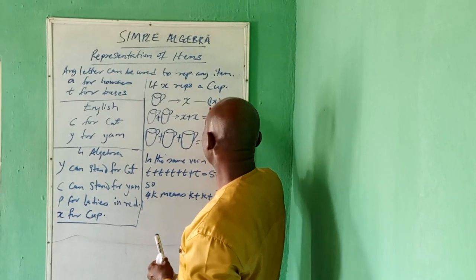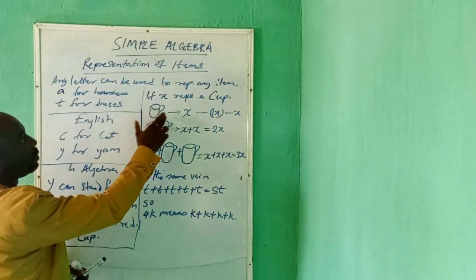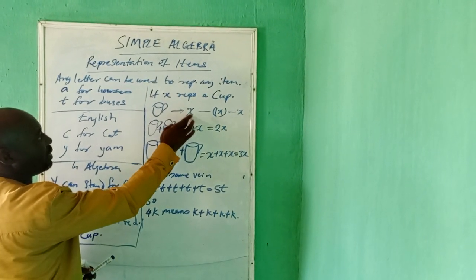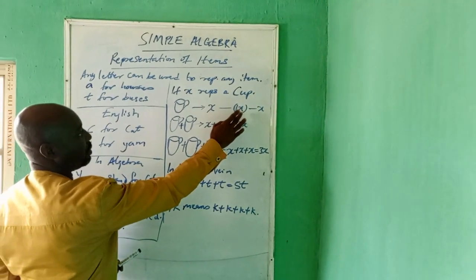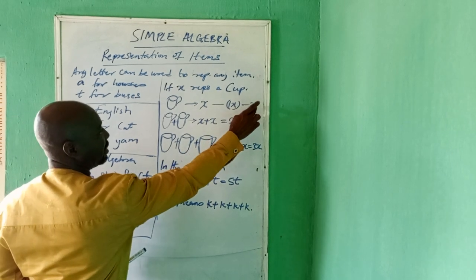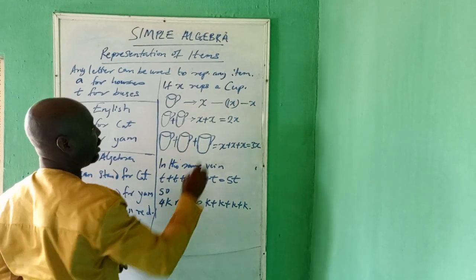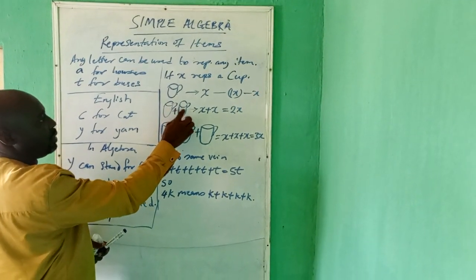We don't call it one X, we call it X. This is just X representing this cup, which we will not represent as one X, but as X, and I said I will explain that later. Here we have cup plus cup.